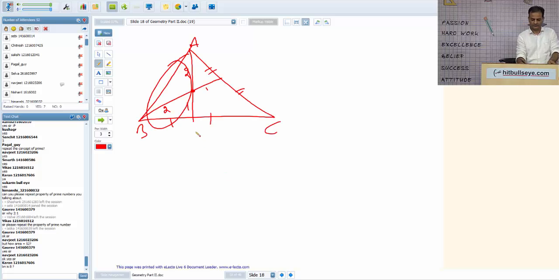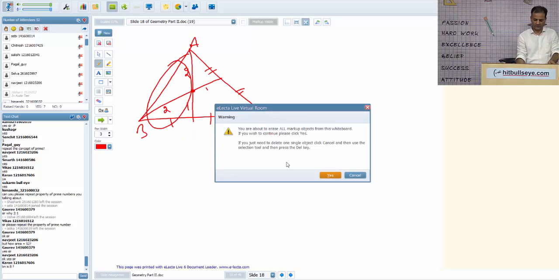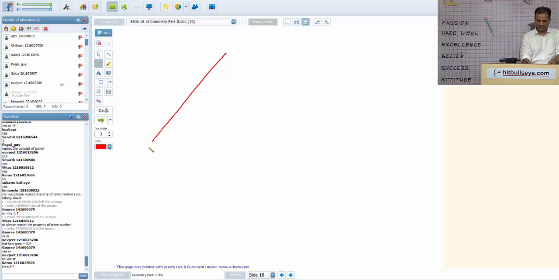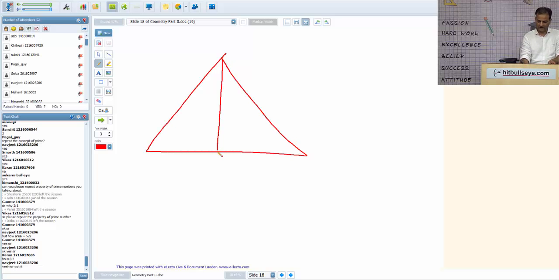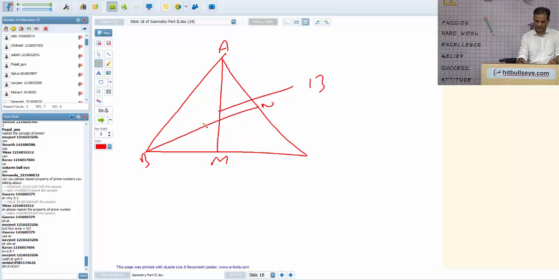I will solve here, those who are not getting. This is given, friend. AM is given 13. And BN is given 12. So this is 90 degree. For this triangle ABM, area will be half into base into height.